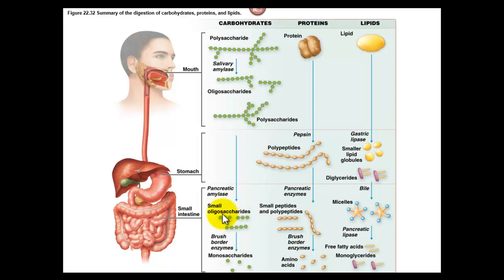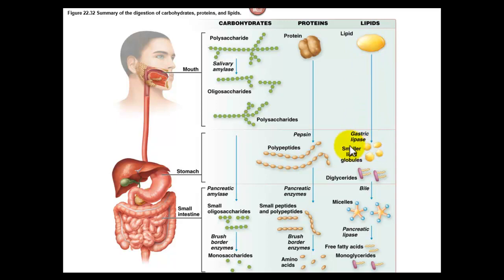Down here it says small oligosaccharides or disaccharides, and eventually you see the monosaccharides. Proteins, here are peptides or polypeptides. Those get broken down to dipeptides. And the peptidases in the small intestine finish that off. They're the amino acids.